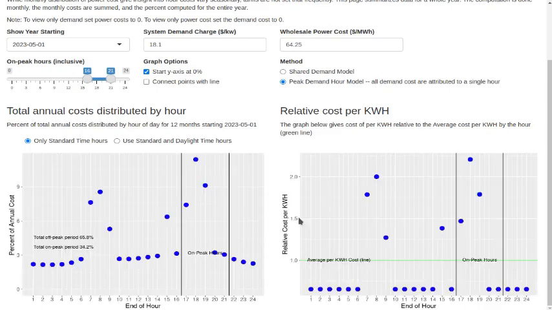You can start to see then where the peaks happened and how many of them, and what the share of the demand or the cost is for those particular hours. So maybe you want to target some hours as you go along.